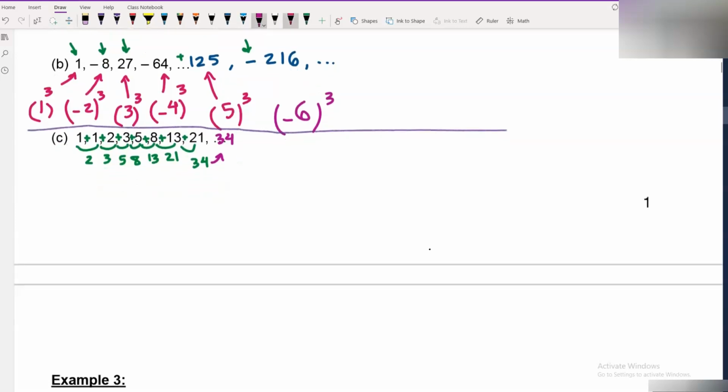What this one is called is, you may have seen this one before. This is called the Fibonacci sequence.